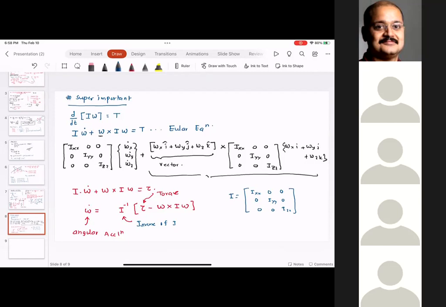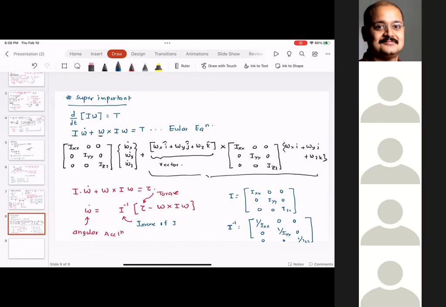Are you with me? So I inverse becomes 1 divided by Ixx, 0, 0, then 1 divided by Iyy, 0, 0, 0, 1 divided by Izz. Are you with me so far? Okay, so we found I inverse.